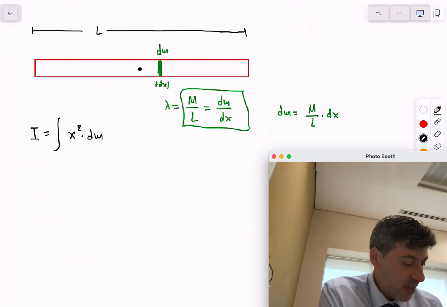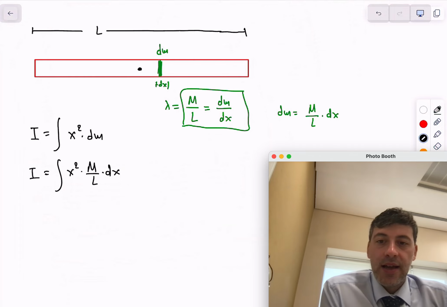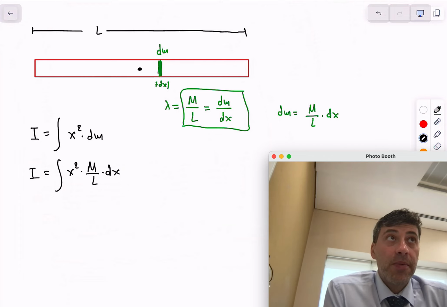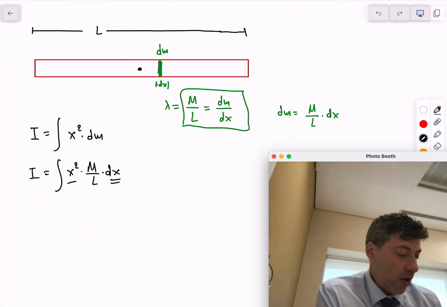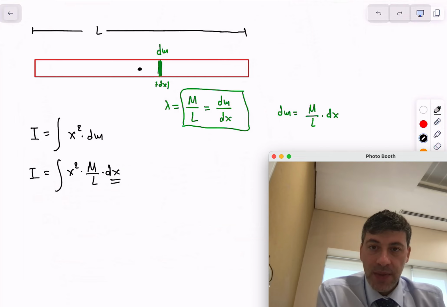We can bring this into our integration, and we have x squared multiplied by m over L dx. This solves our problem because our integration is for dx, and the main body of the integration contains this dx. So what we need to do now is set the limits of this integration.